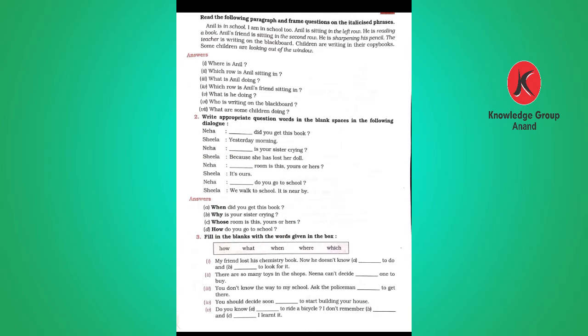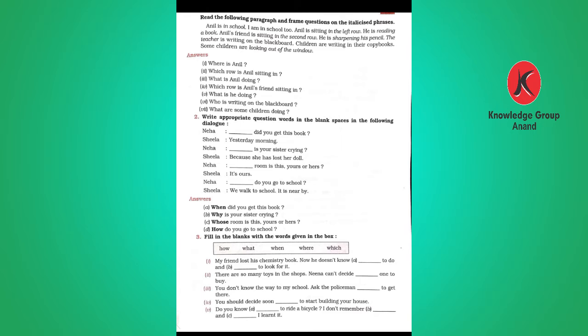Okay. Now, let us go to point number 3, that is, fill in the blanks with the words given in the box. Again, WH questions. My friend lost his chemistry book and he doesn't know dash to do and dash to look for it.